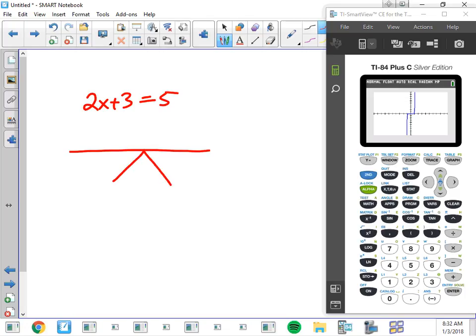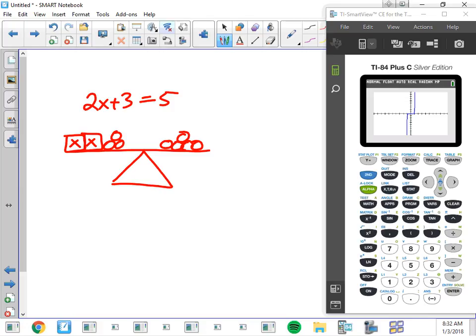So this is balanced. We have 2 x's, and we don't know how much the x's weigh. And then 3 1-pound rocks. And then over here we have 5 1-pound rocks. Can we use this balance to figure out how much each x weighs? Well, I can do anything I want to an equation as long as I do it to both sides.